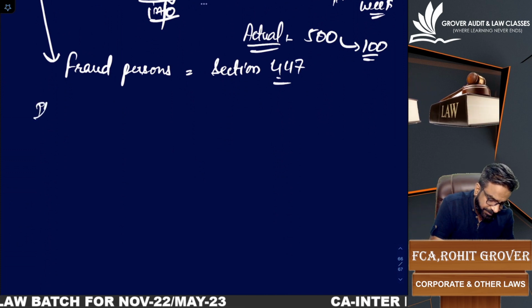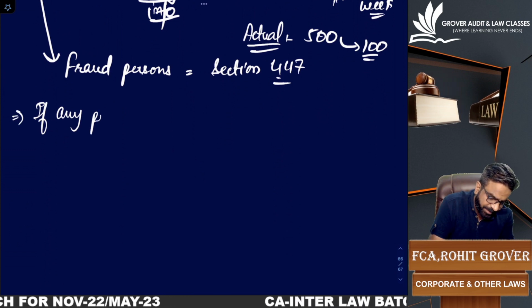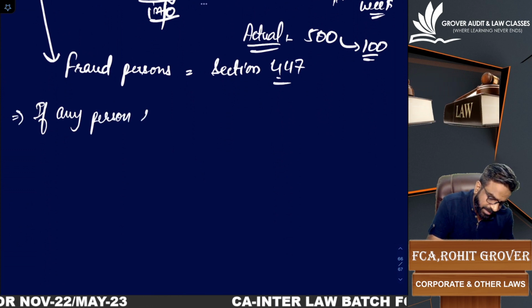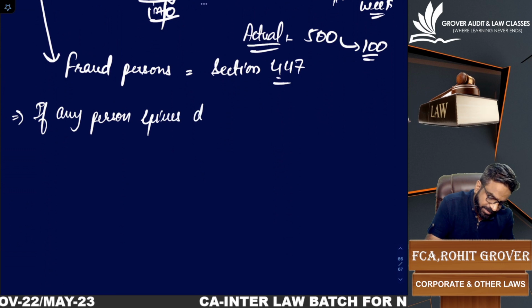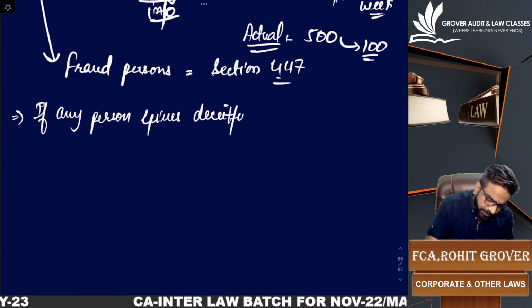Now see, this is how you have to write: if any person gives deceitful, what do you mean by deceitful, everyone?